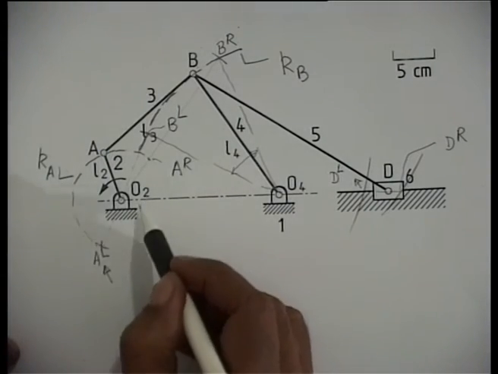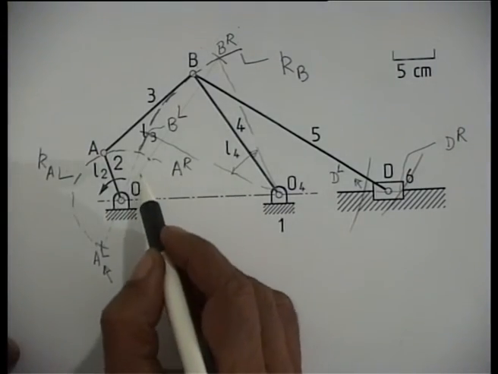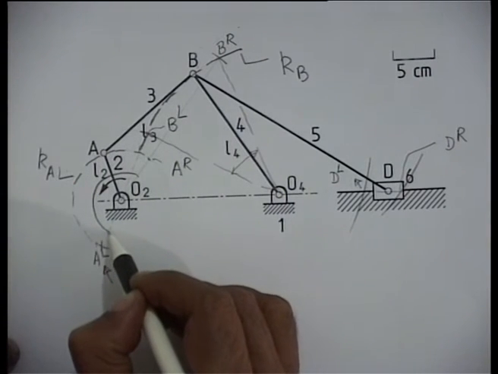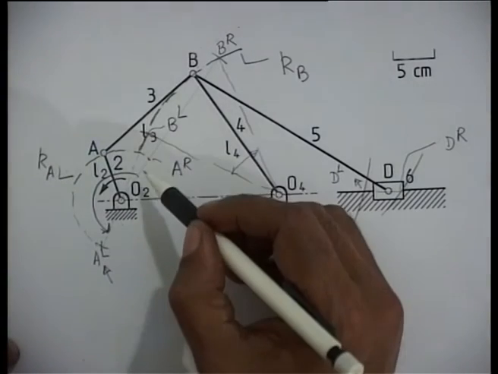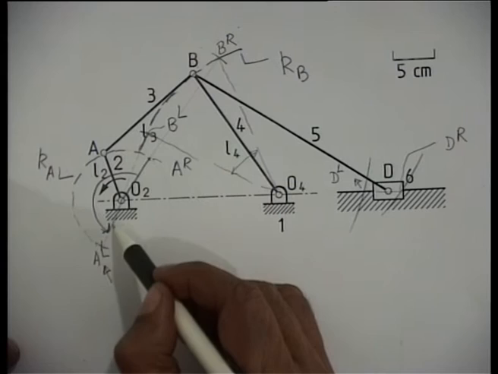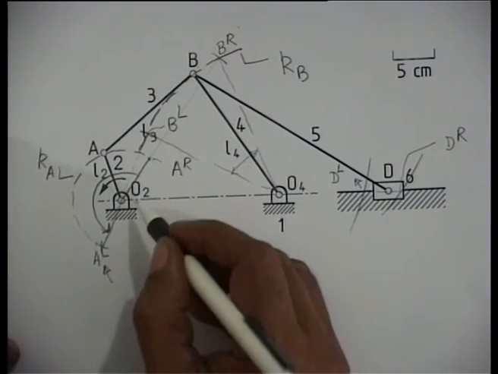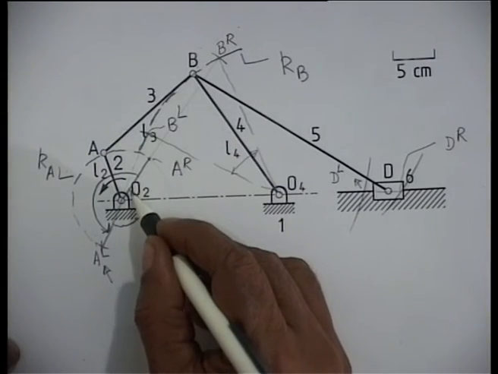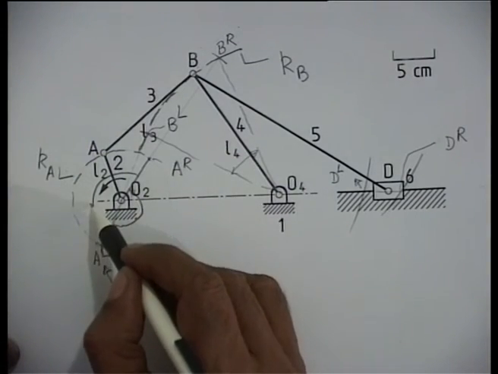As the link rotates uniformly from right to left, the rotation of O2A is given by this angle, that is the angle between O2AR and O2AL, and from left to right, the rotation of the same link 2 is given by this angle, that is 2 pi minus this.